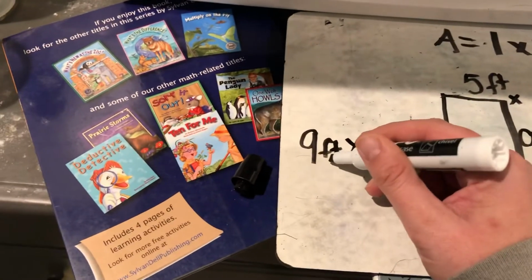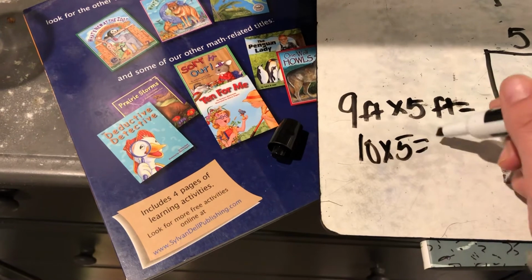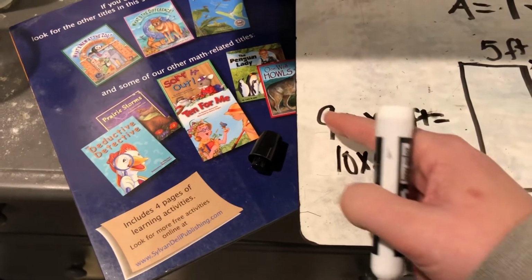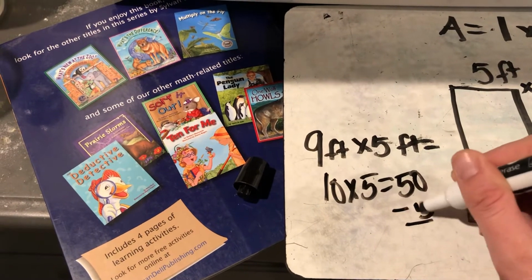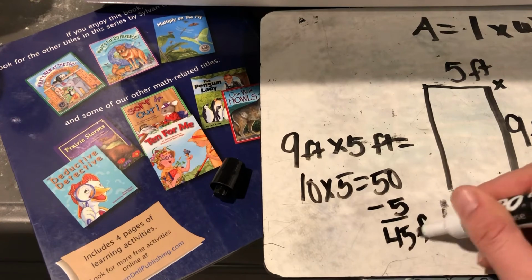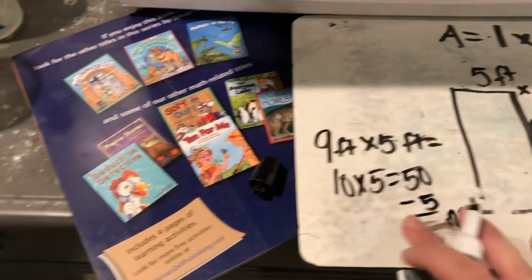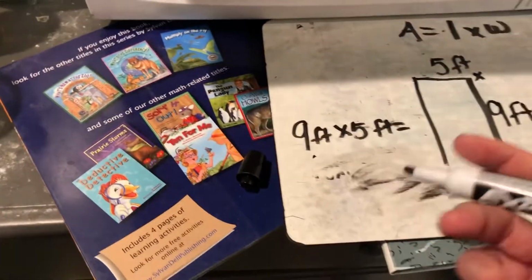I'm going to do 10 times 5, which equals 50. But I want 9 times 5, so I'm going to take one group of 5 away. I know I'm making it a little complicated. That's 45 feet squared. So if you just count by 5s too, you'll get the same answer. So 5, 10, 15, 20, 25, 30, 35, 40, 45.